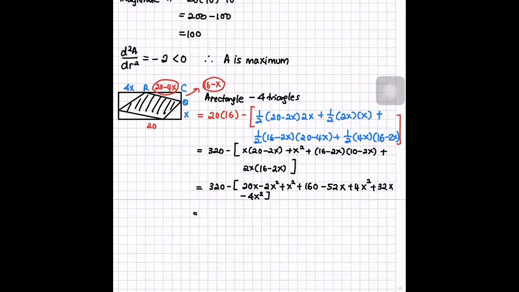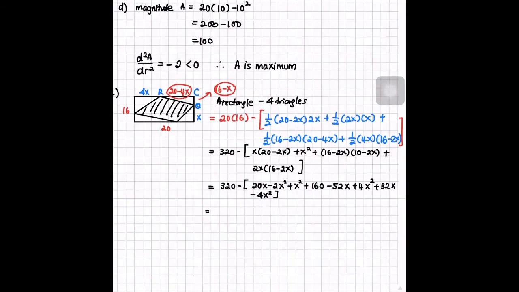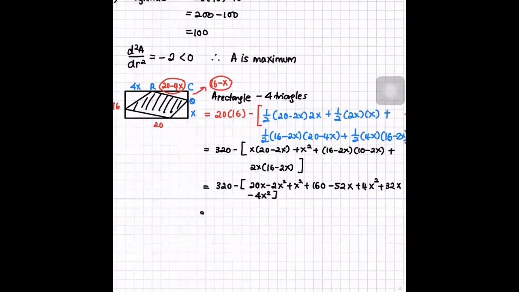Yes, for the RCQ, why is it 16 minus 2x? Why is it 16 minus 2x, not x? Okay, 16 minus X. So of course there is a careless mistake here. I minus.